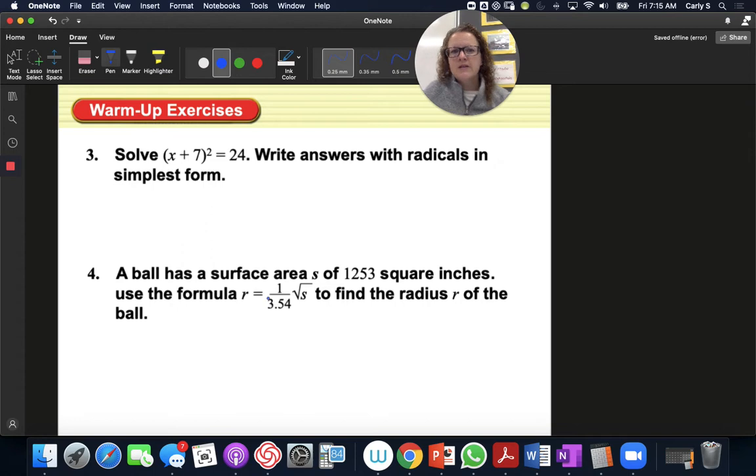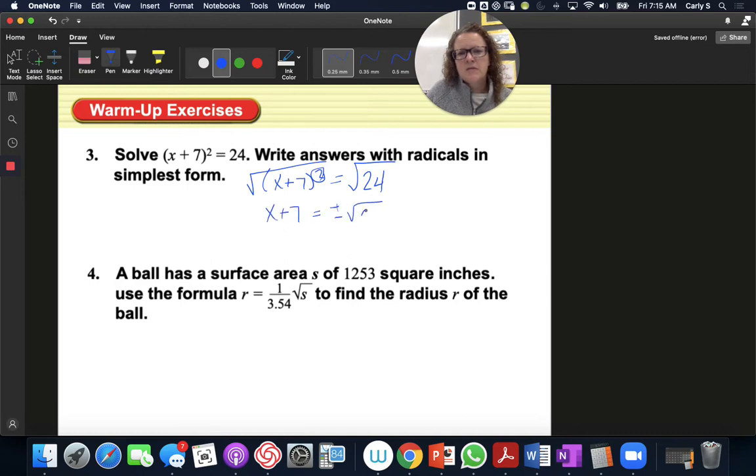Solve this, write the answer with radicals in simplest form. We did this in chapter 1, and then again a little bit in chapter 2. The opposite of a square is a square root. So I can say x plus 7 is equal to plus or minus root 24.